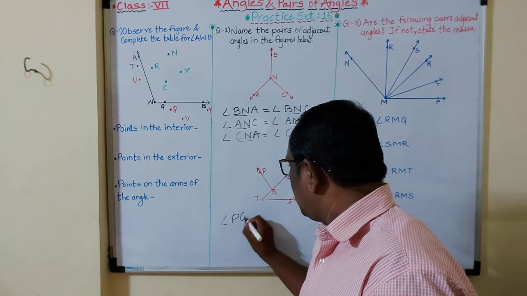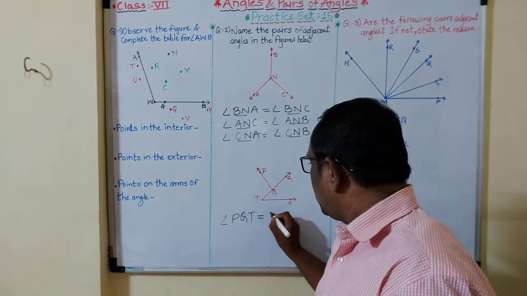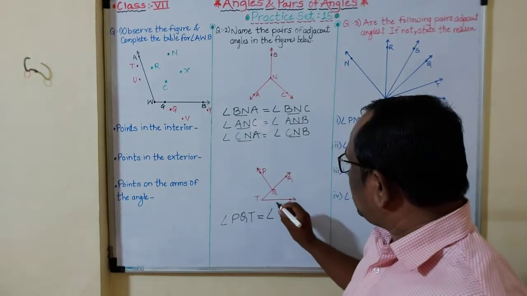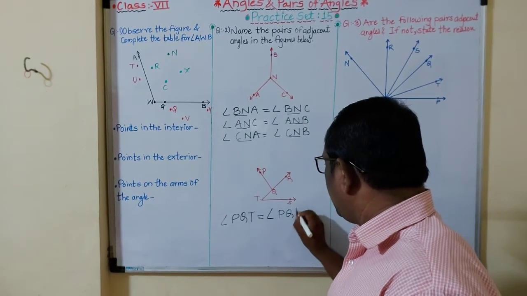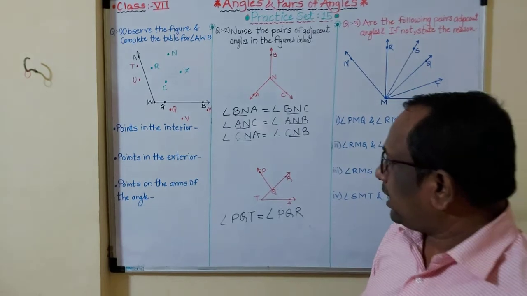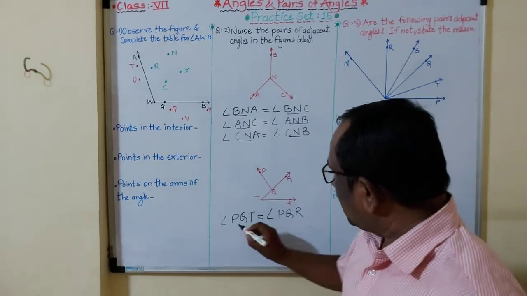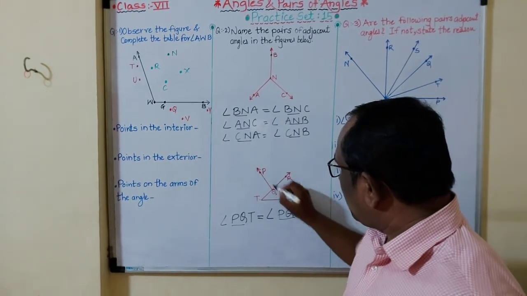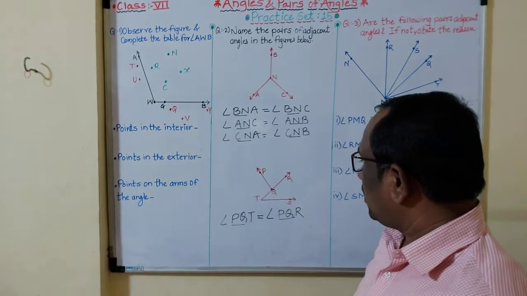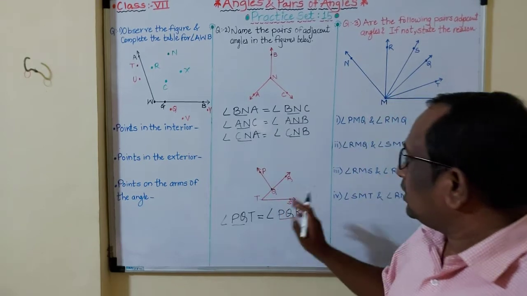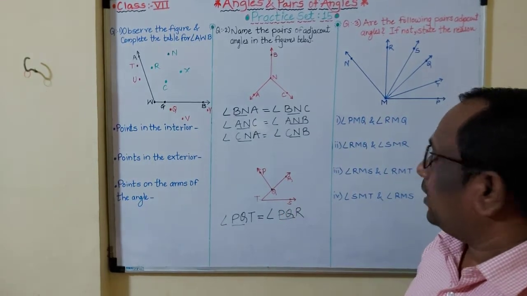Angle PQT is adjacent to angle PQR. Here there is only one pair of adjacent angles. Why? Because PQ is a common arm and they have a common vertex Q. So this is the answer of the second figure.